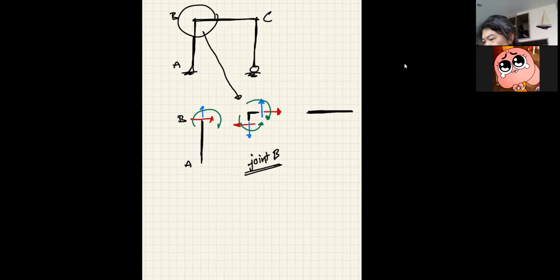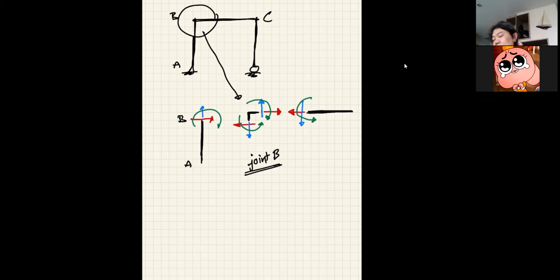Okay, so when you look at member BC now, you need to have this horizontal force equal and opposite, and then the vertical force equal and opposite, and the moment will be equal and opposite as well.